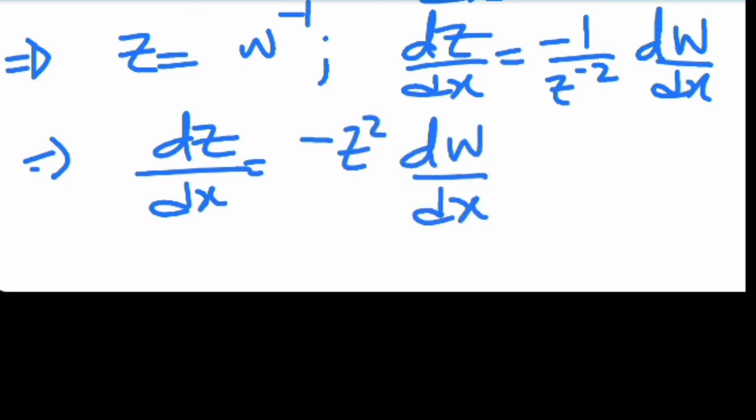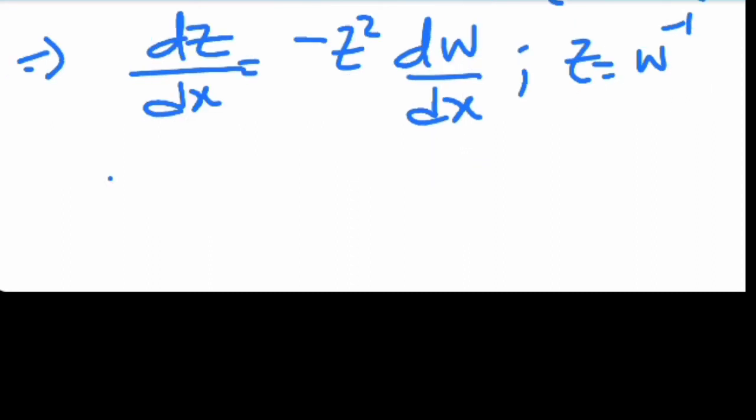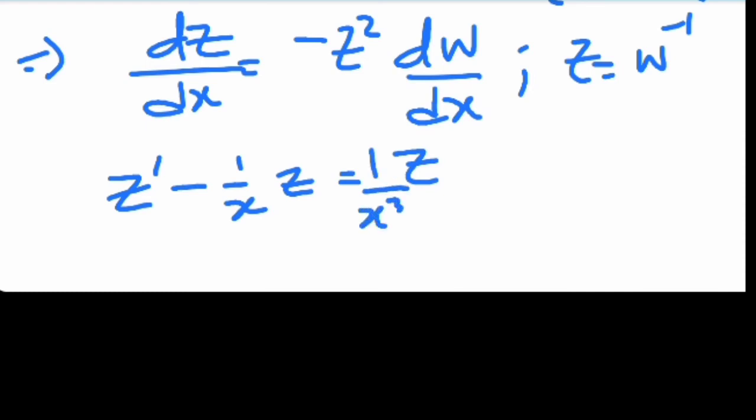But what was our Bernoulli equation? We have z prime minus 1 over xz is equal to 1 over x cubed z squared. Anywhere I see z prime, that's dz by dx, I will put this thing.